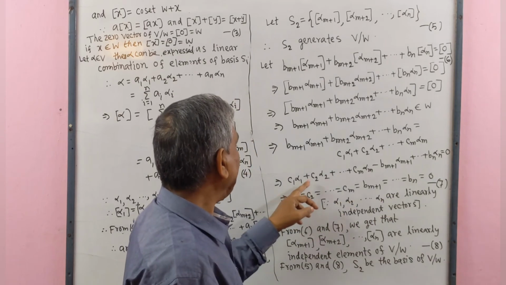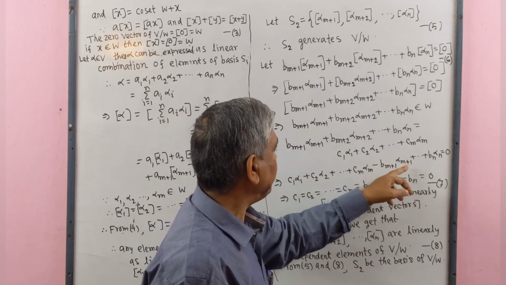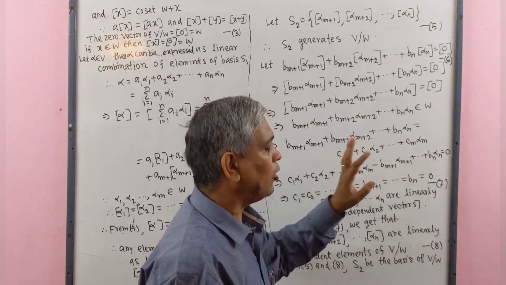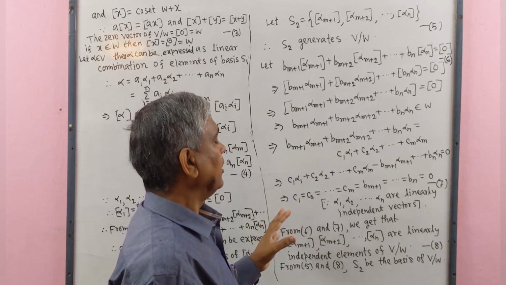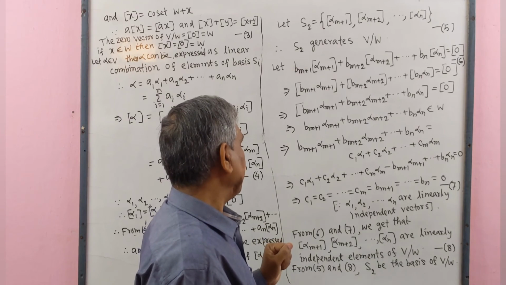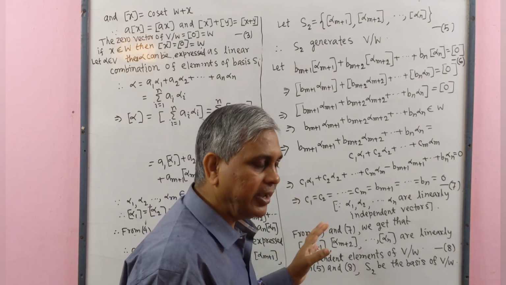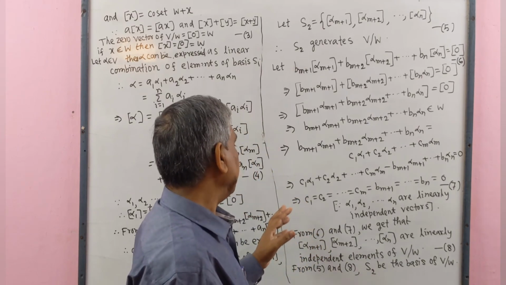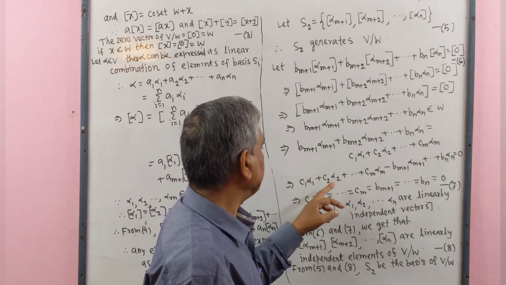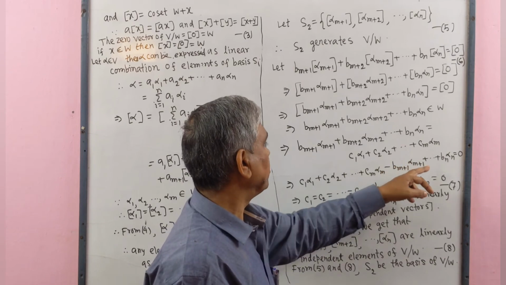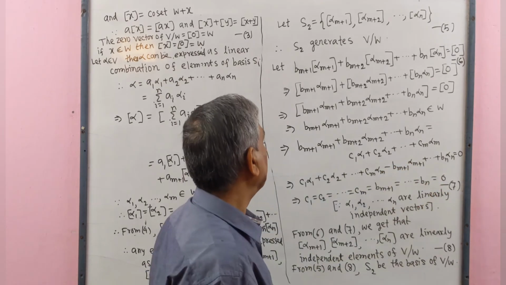We know that alpha 1, alpha 2, alpha m plus 1, alpha n all belong to the basis of the vector space V, and these are linearly independent vectors. Therefore, we get c1 equals 0, c2 equals 0, cm equals 0, dot dot dot bn equals 0.